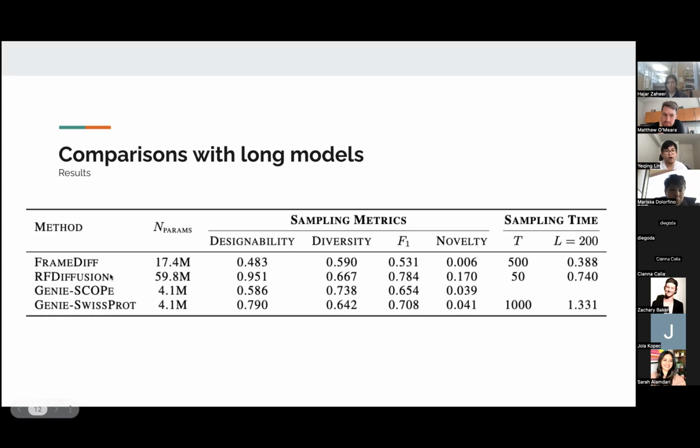And then for RF diffusion, it's a totally different story. RF diffusion itself is trained on the PDB dataset. However, it's using pre-trained weights for Rosetta Fold, and Rosetta Fold is trained not just on the PDB dataset, it's also trained on the AlphaFold database.